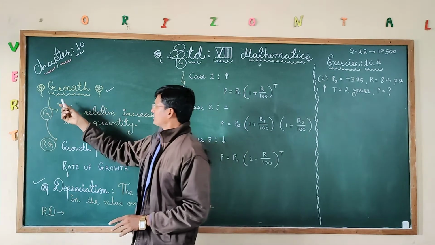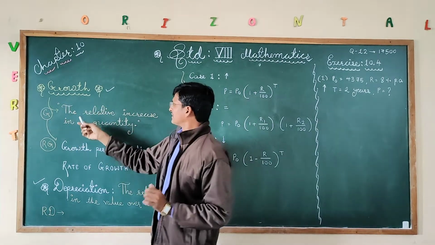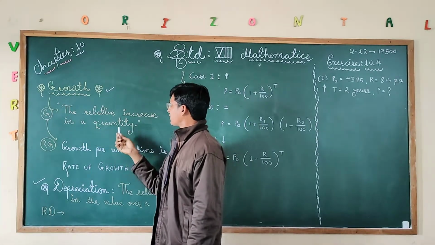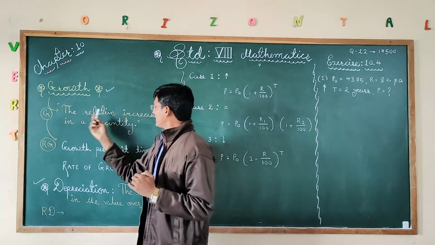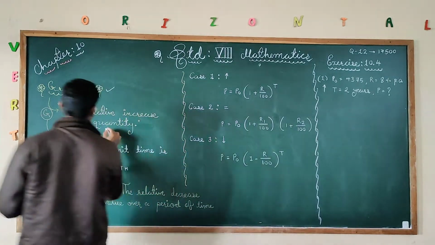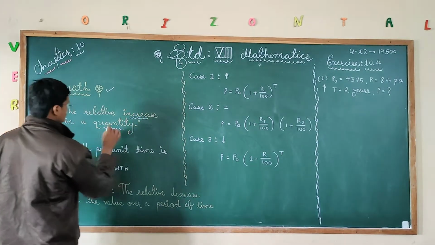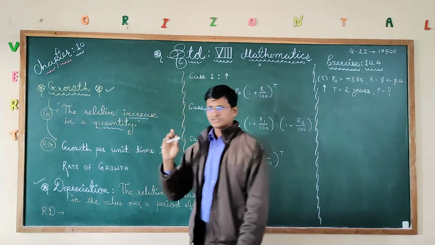My dear students, growth is a term related to the relative increase in a quantity. The important word is quantity. So an increase in a quantity, that we consider as growth.